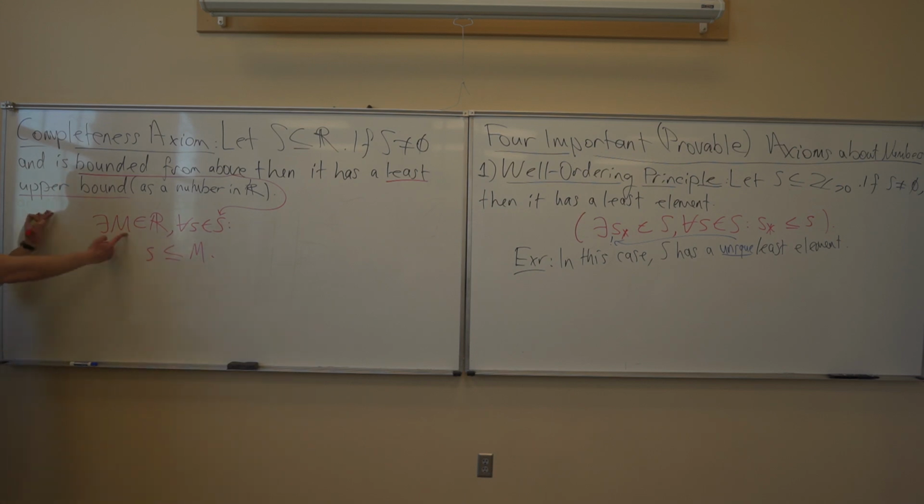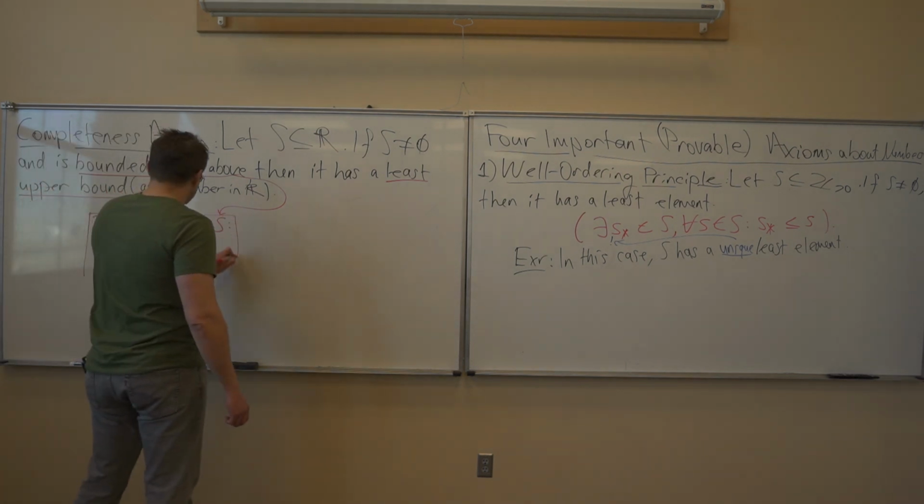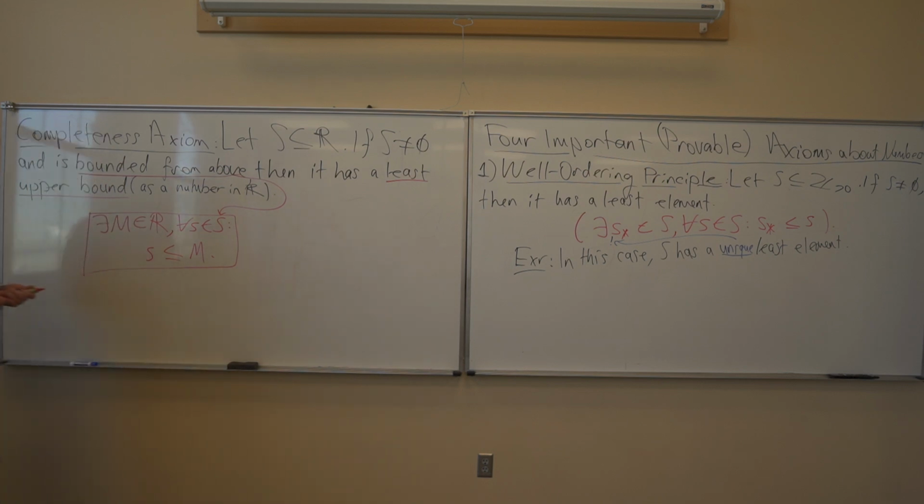I'm not saying anything about this M. I'm just saying that something exists. An upper bound exists. That's what I'm saying. How about S having a least upper bound?